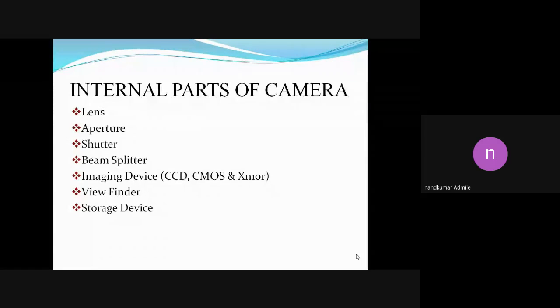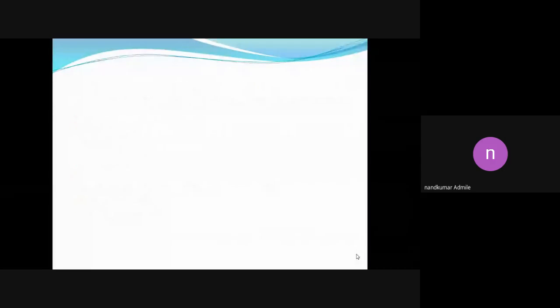Inside a video camera, we also have a memory card. With the help of certain storage devices, we can store the video inside that device. So these are the six important parts of a video camera.